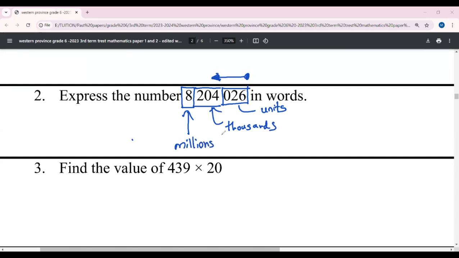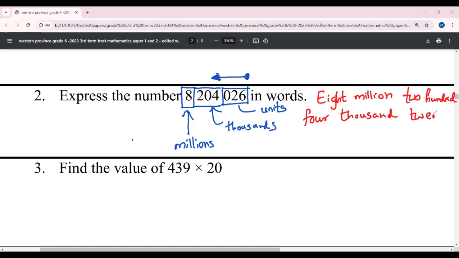So if you state this number in words, you have to say something like this. 8 is in the million period, so you say 8 million, 204,026.